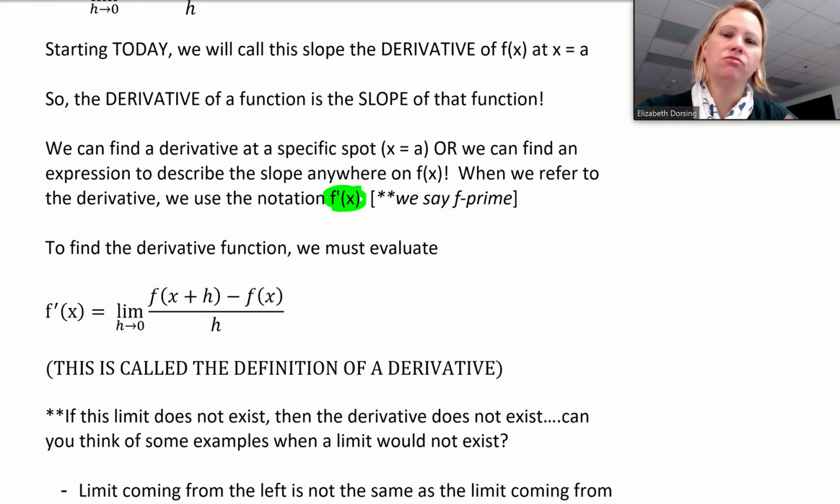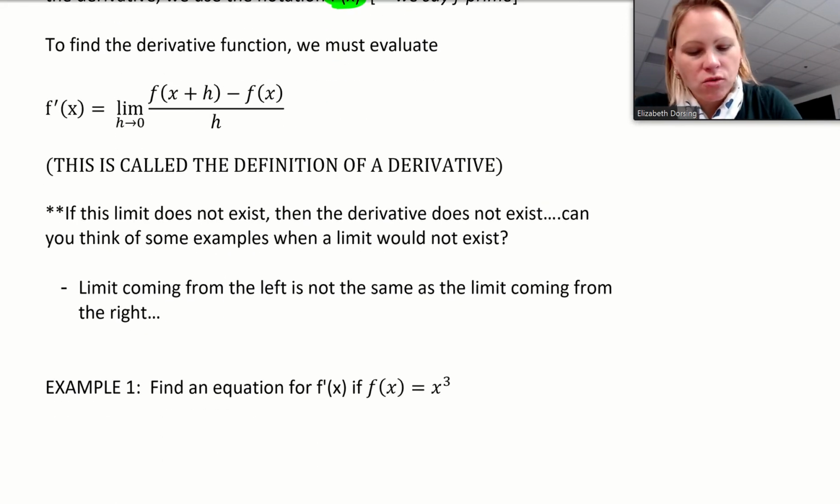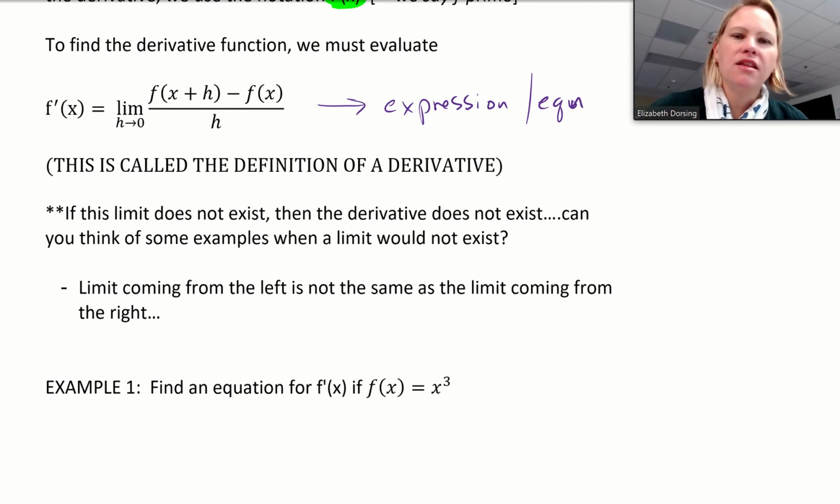And then we have a value that has two variables floating around. We've done this before. And this is how we find the derivative. So this will give us an expression or an equation, and that will allow us to find the derivative anywhere along the curve.